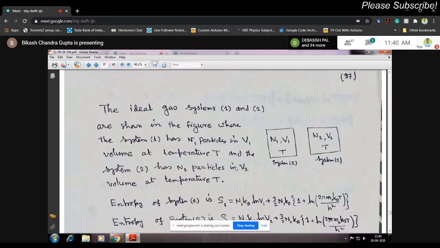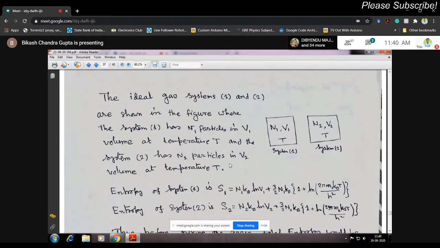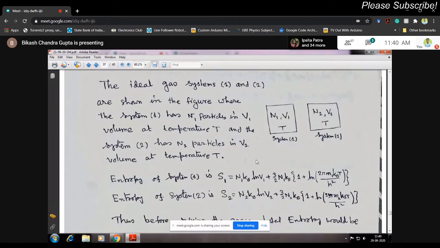Then, if you do not allow them to interact, if they preserve their originality or they are separate, then the entropy of this, let's say S1, should be N1 kB ln V1, because N1, V1 and T, these three things come into the expression of entropy.